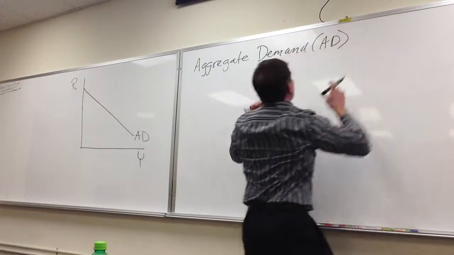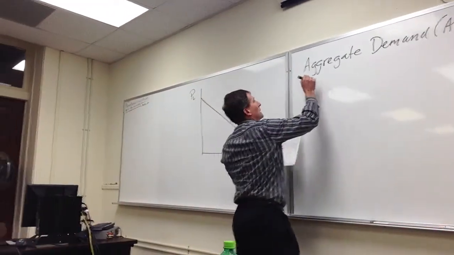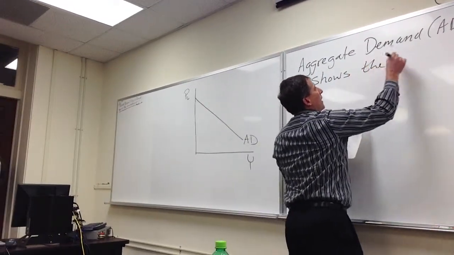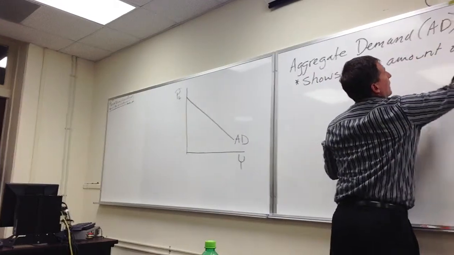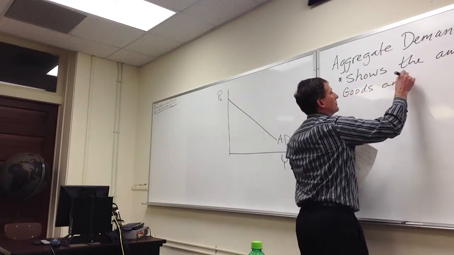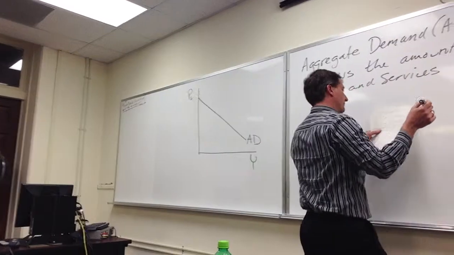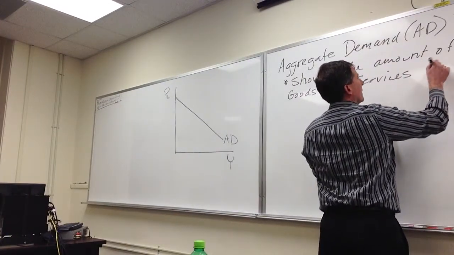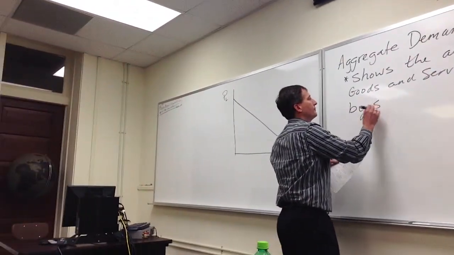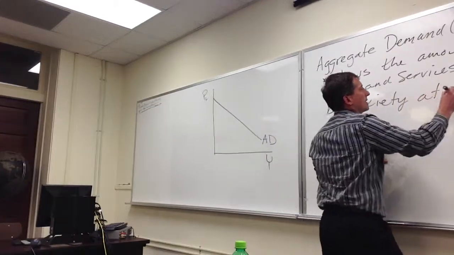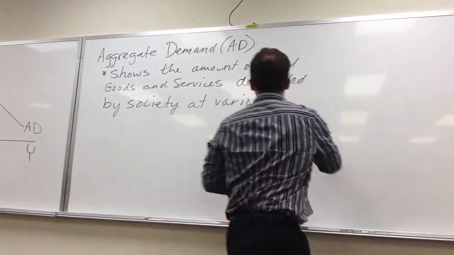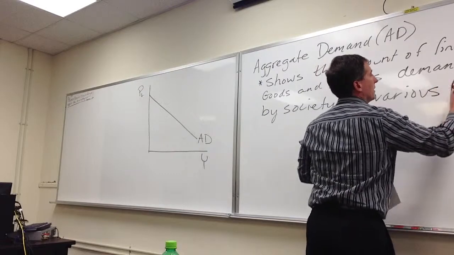The aggregate demand function shows the amount of final goods and services demanded by society at various price levels.